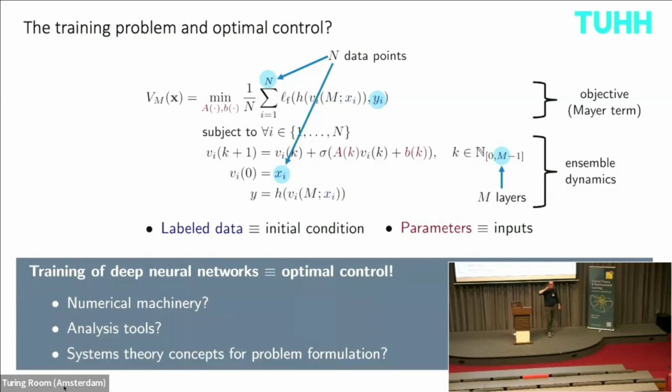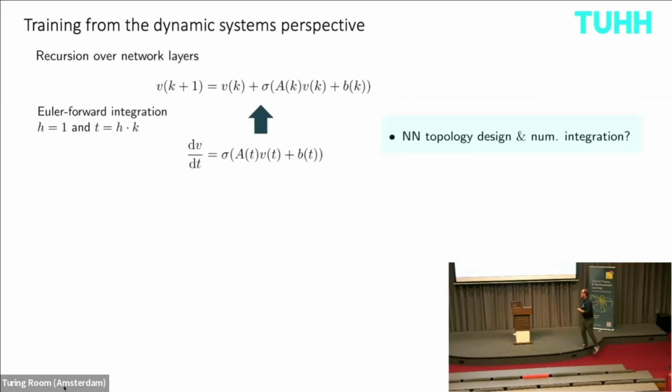And I think it becomes really interesting if we try to bring our insight in how to formulate optimal control problems into formulating training problems. That's roughly for one data point or recursion we're looking at.